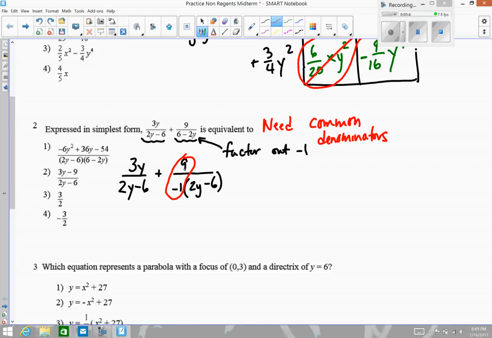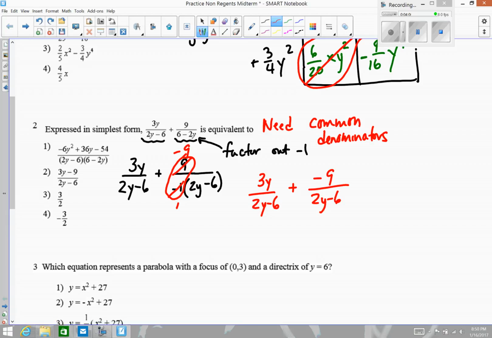In other words, I'm dividing 9 by negative 1 and getting negative 9. So I'm really simplifying this to be 1 and this a negative 9. I'm going to rewrite this again. I get 3y over 2y minus 6 plus a negative 9 over that same denominator.